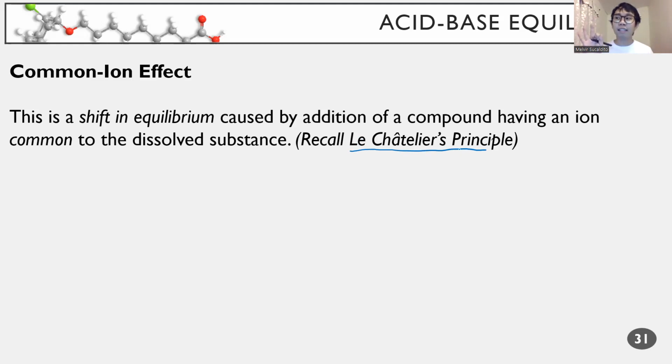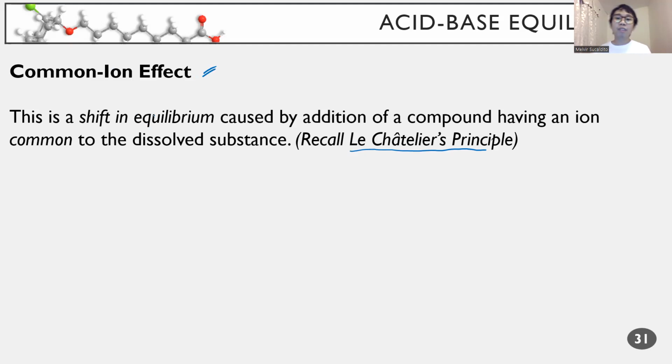We also looked at the effect of temperature on equilibrium position and also the addition of catalyst. All those 4 factors, we looked at how equilibrium shifts depending on the stress given to the equilibrium system. So we will extend that idea to what we call common ion effect.